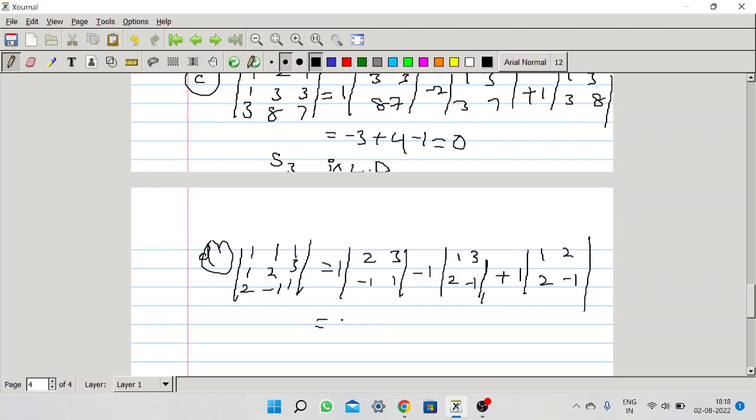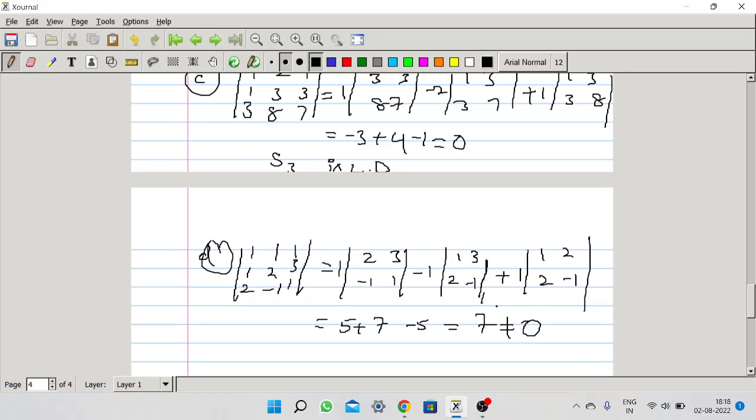So we'll get 2 plus 3, this is 5, minus 1 minus 6, so minus 7, so it will become plus 7, plus minus 1 minus 4, so it will become minus 5. So this is equal to 7, not equal to 0.